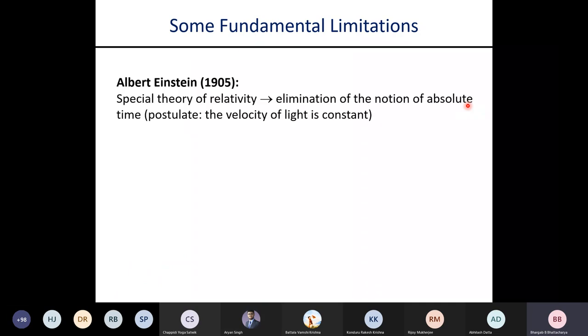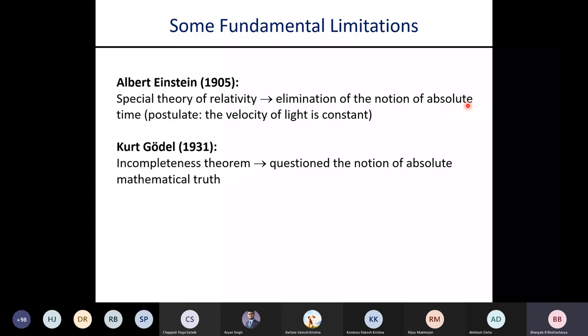So there are some fundamental limitations in every discipline. For example, in special theory of relativity, introduced by Einstein in 1905, he eliminated the notion of absolute time, based on the postulate that the velocity of light is constant. Gödel introduced the incompleteness theorem, which questioned the notion of absolute mathematical truth.